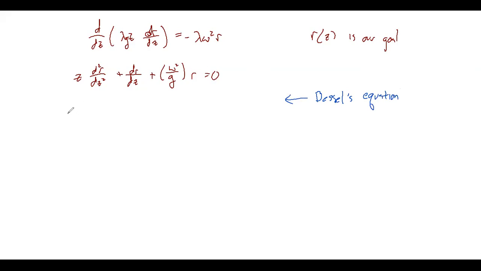Our standard form looks like this. I have to do two things to map this completely onto Bessel's equation. What are they?